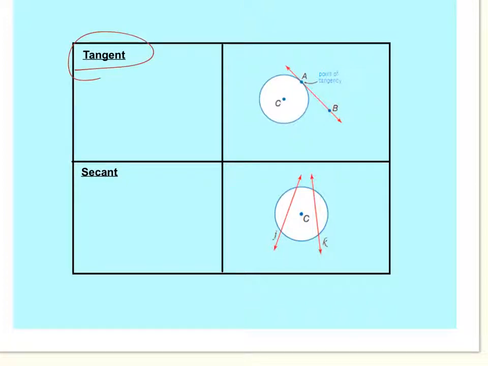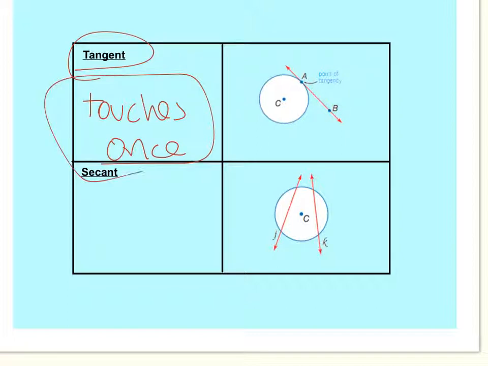So tangent, I know we talked a little bit about tangent before with trig. Now a tangent line is just a line that touches a circle once, at what is called the point of tangency.